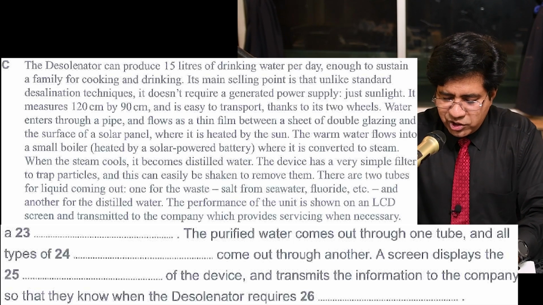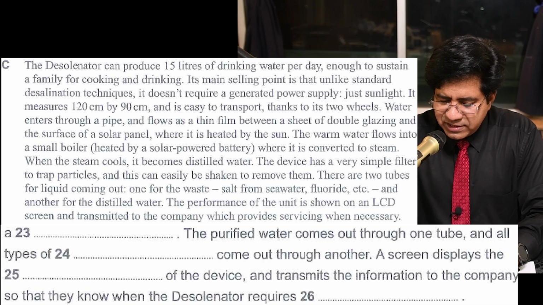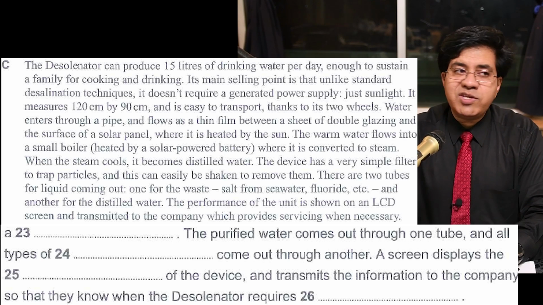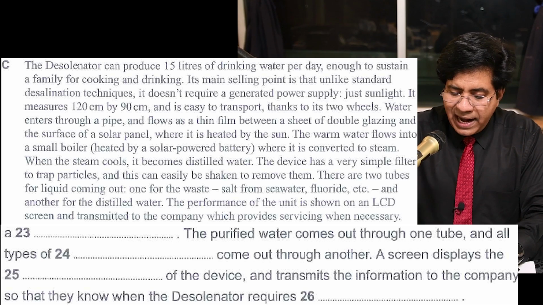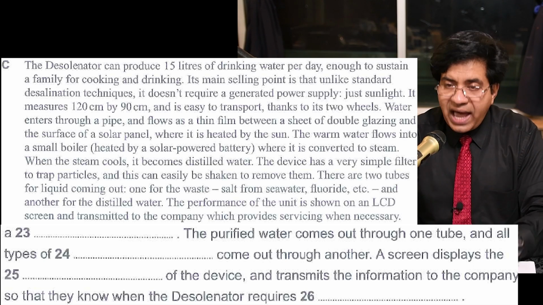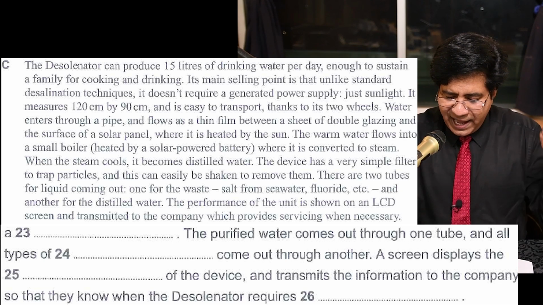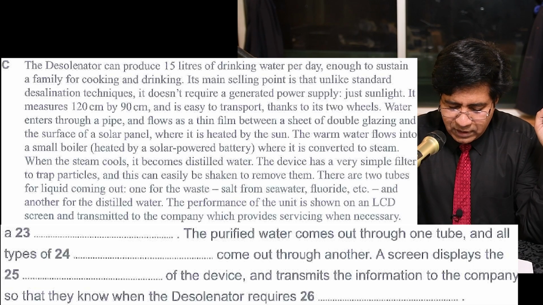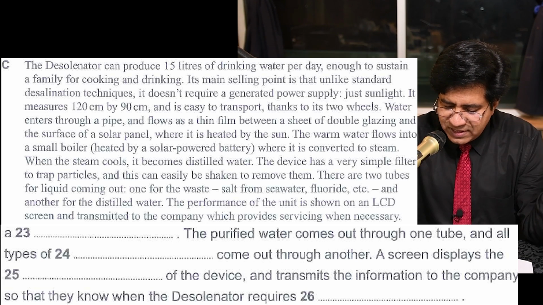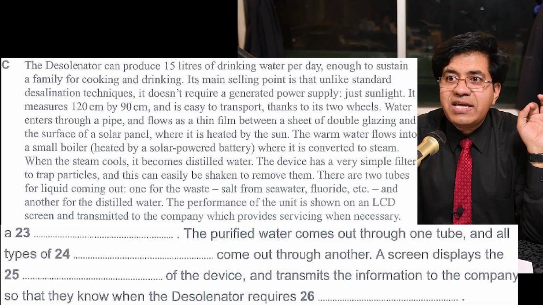Okay, last question. And transmits the information to the company so that they know. I'm reading question number 26, by the way. So that they know. They means the company know when the desalinator requires dash. Go back, same paragraph: and transmit it to the company which provides servicing when necessary.